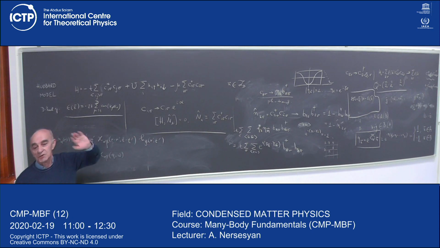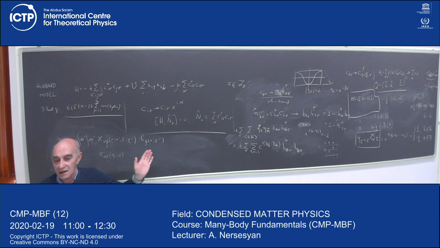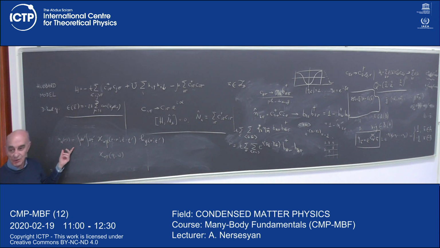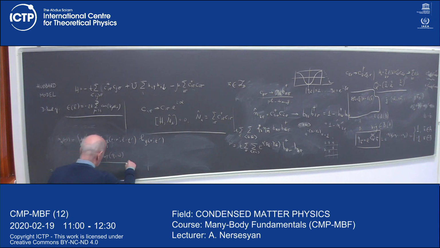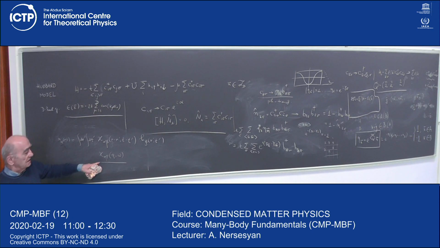I can single out the most important harmonics of this external field and ask myself, what kind of response can I observe here in the lab by measuring this quantity? And it's coordinate dependent and it's time dependent, and both dependence can be analyzed again in terms of the Fourier analysis. So generally speaking, in the most simple case, this is not a tensor, it's a unity matrix, just a scalar.